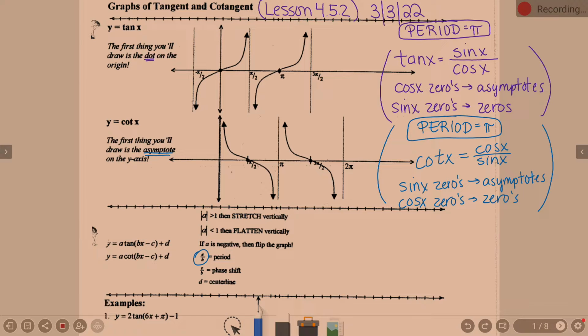So, of course, when we find it, it's going to be 1 pi divided by b. That is the big one that changes. B is still the coefficient of x. Phase shift is still c over b, and center line is still d. You'll just label the center line. You won't have an amplitude label with this one. Okay?